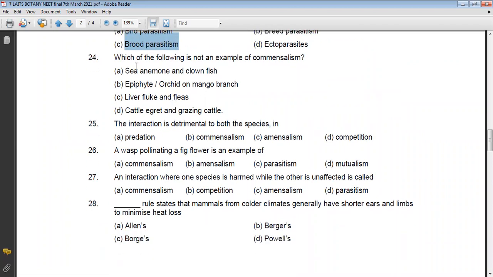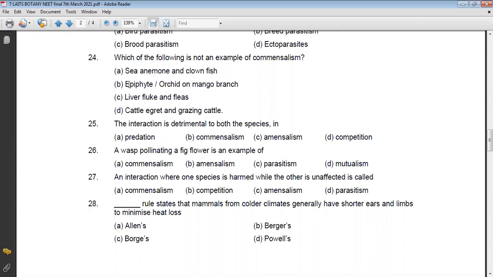Next is, which of the following is not an example of commensalism? Sea anemone and clownfish, epiphyte orchid on mango branches, liver fluke and fleas, cattle egrets and grazing cattle. If you note carefully, A, B, and D are examples of commensalism. In this case, the cattle egret is getting benefit and grazing cattle are not getting any benefit.